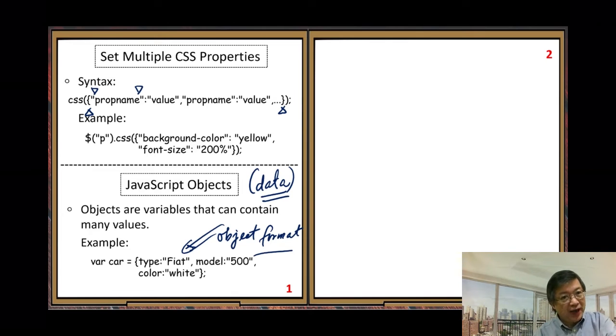Here you can see property by property. So how do we represent one property? First, property name, colon, property value. But here you can see that when we write the property name, we just write a name directly. We don't use double quotes.